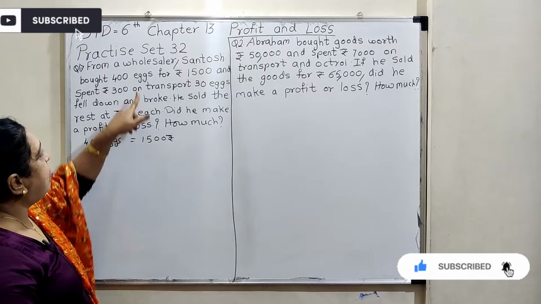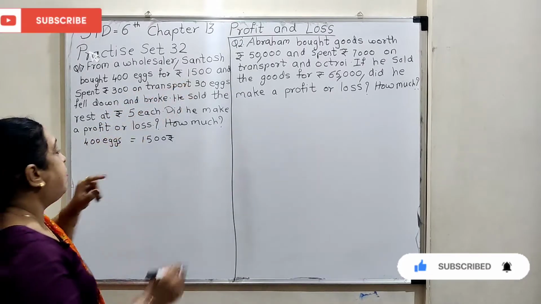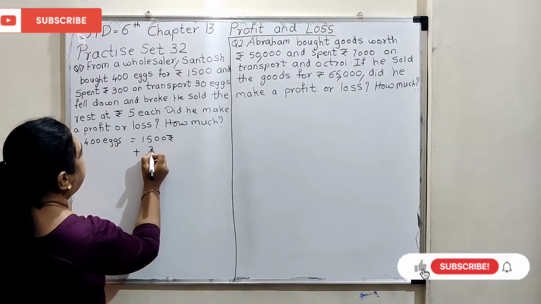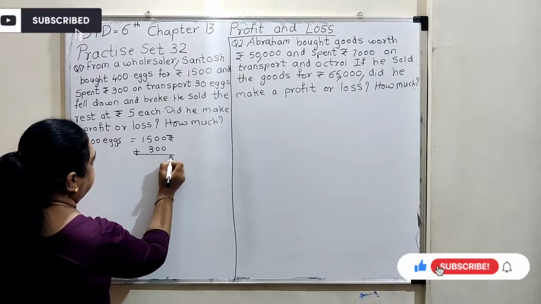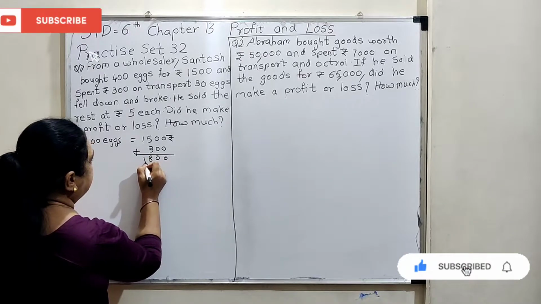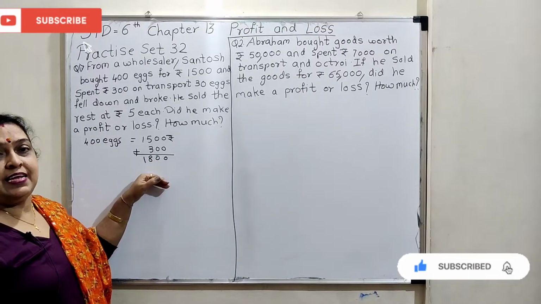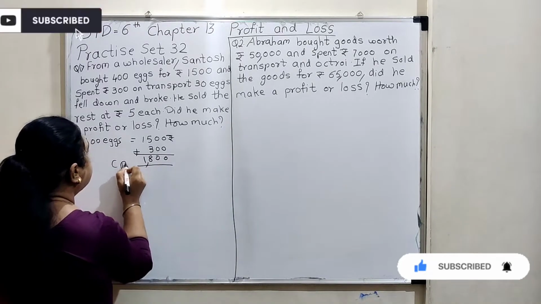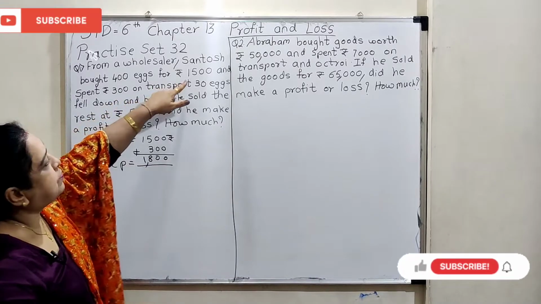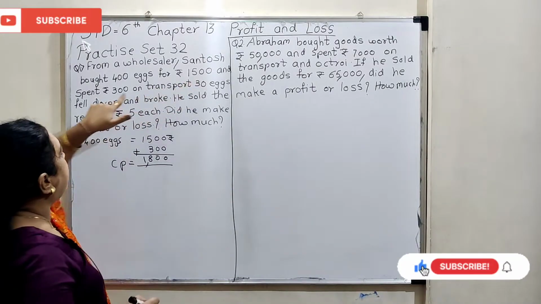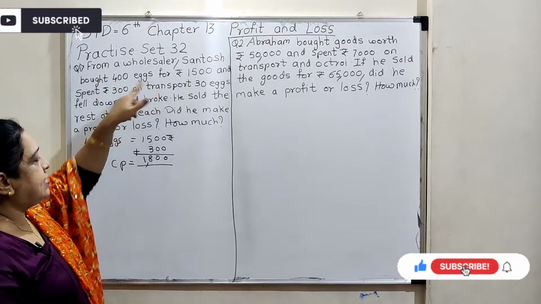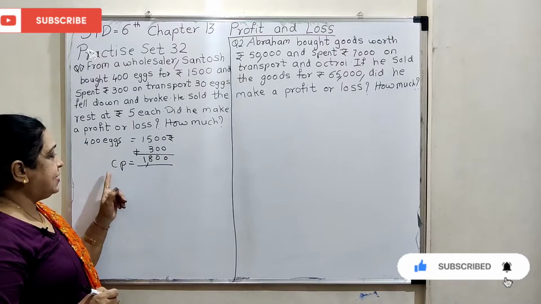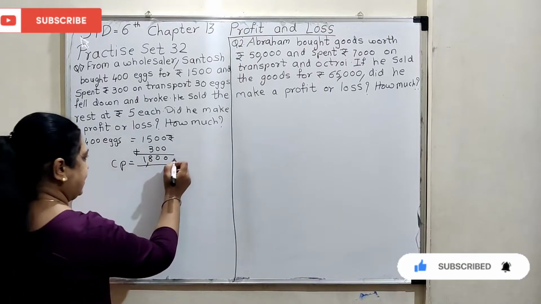The cost price of the eggs is 1500, but transport charges also we have to add, that is 300 rupees. So this 1800 is the cost price. Some children make the mistake of taking 1500 as the cost price. No. We have to add the transport charges also to the cost price. Now, the actual cost price is 1800 rupees.